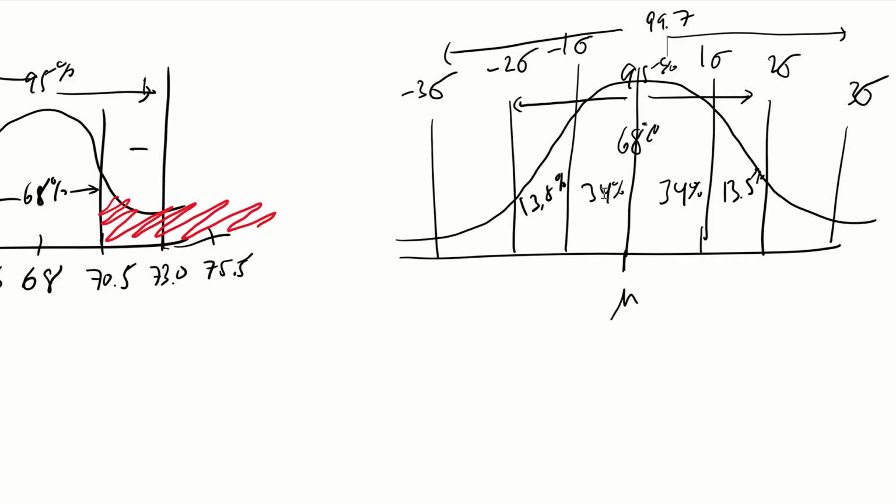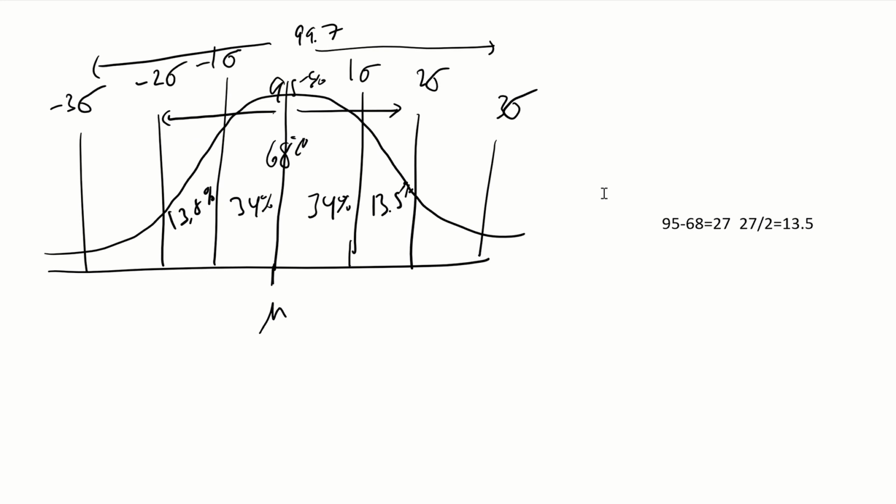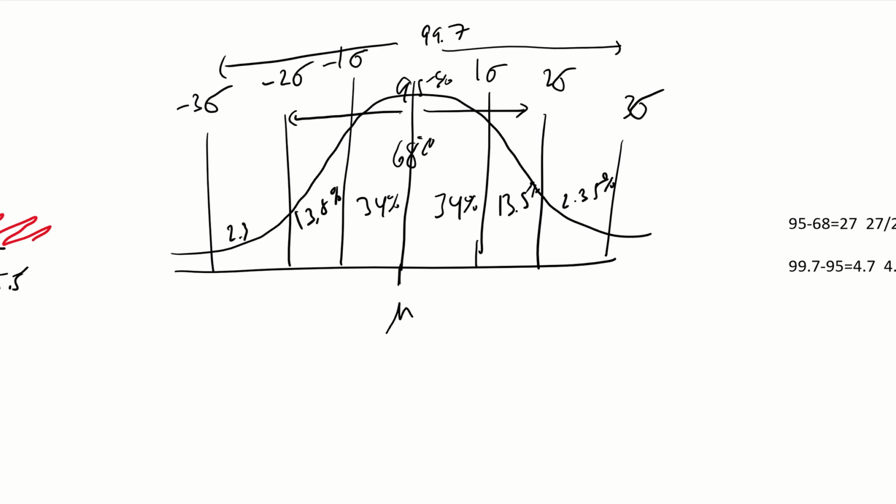It was the 68, 95, 99.7% rule, which means each of these has to be, let me double check that, 99.7 minus 95, so 4.7 divided by 2, that's 2.35% there and 2.35% here, which means each of these has to be 0.15%.